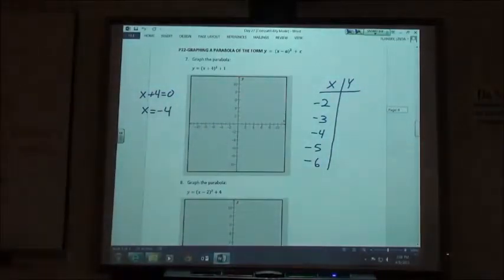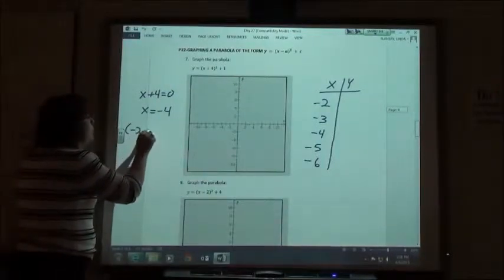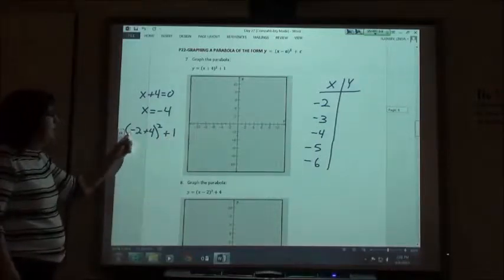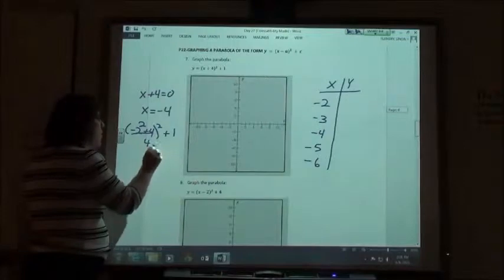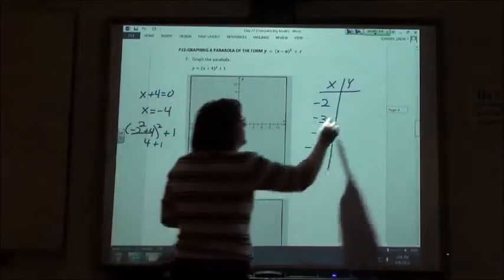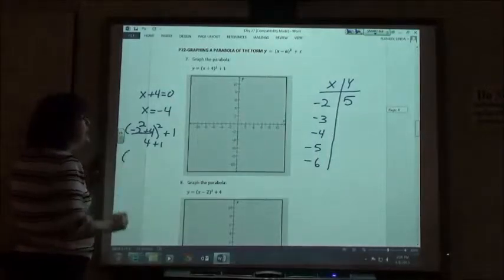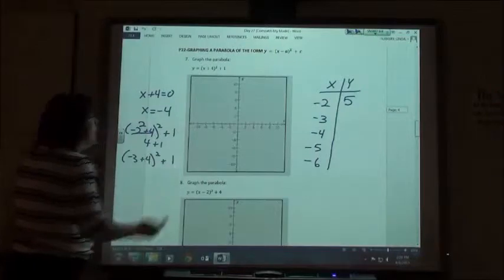Then I'm just going to take my numbers, plug it in, and solve. So, negative 2 plus 4 squared plus 1. Negative 2 plus 4 is 2. 2 squared is 4. 4 plus 1 is 5. Then I'm going to do the next number. Negative 3 plus 4 squared plus 1.